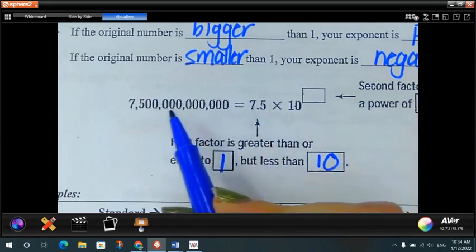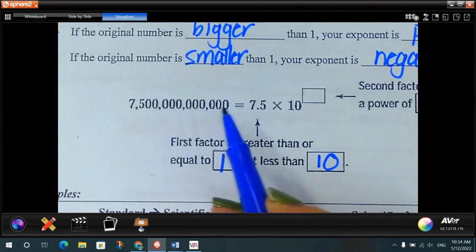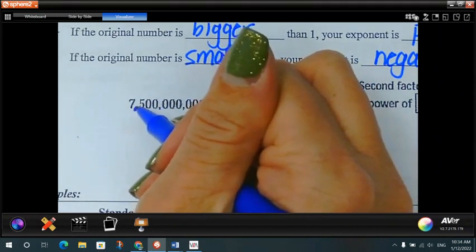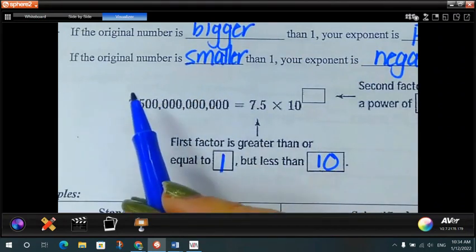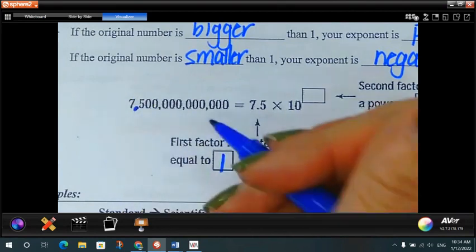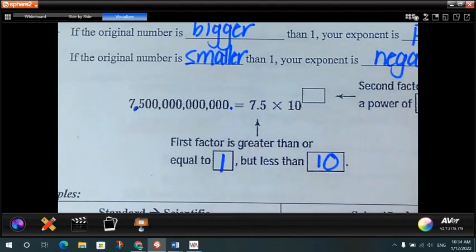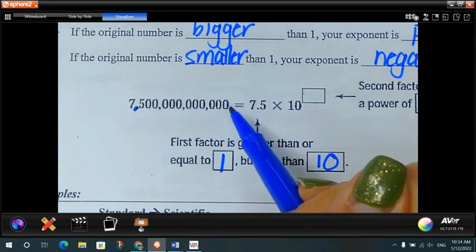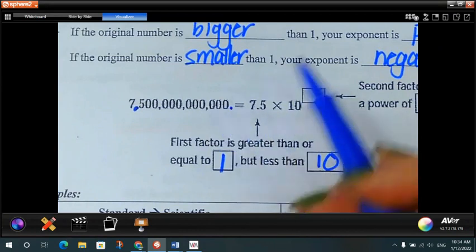Okay, so in this number here, this is our standard notation. I could move my decimal point right here between the 7 and the 5 to make a number between 1 and 10. So that's my first number. And now my power on my 10 is going to be the number of spots I had to move.